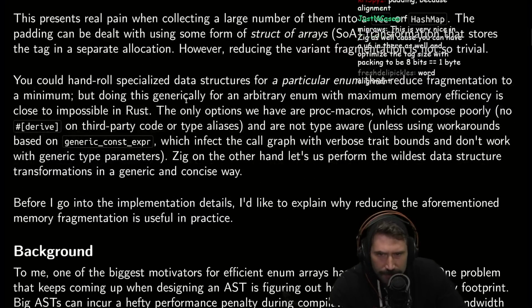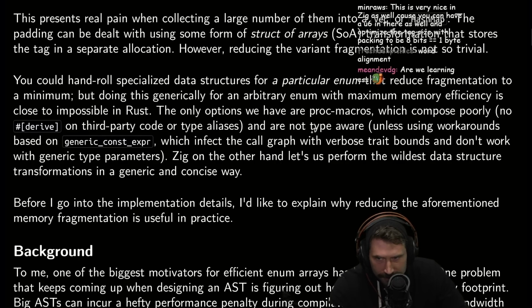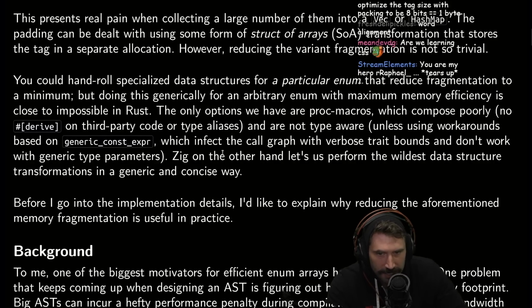You can hand roll specialized data structures for particular enums that reduce fragmentation to a minimum, but doing this generically for an arbitrary enum with maximum memory efficiency is close to impossible in Rust. The only option we have are proc macros, which compose poorly, no derive on third-party code or type aliases, and are not type-aware unless using workarounds based on generic const expressions, which infect the call graph with the verbose trait bounds and don't work with generic type parameters.